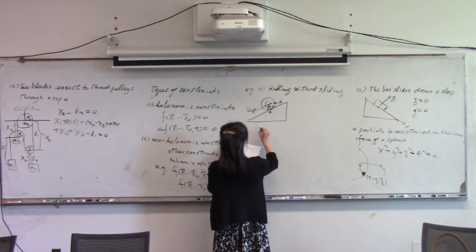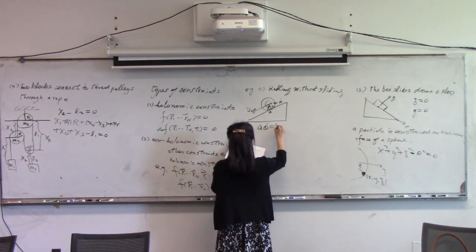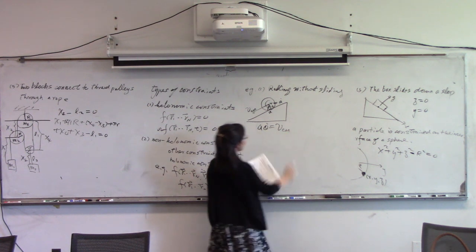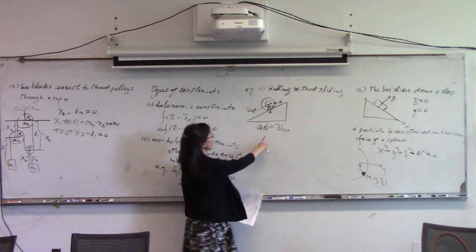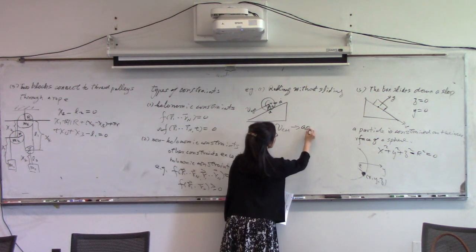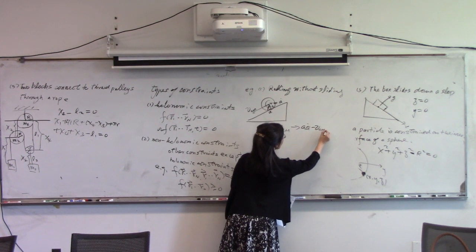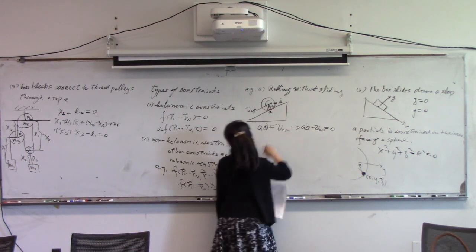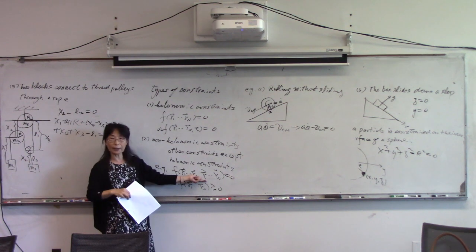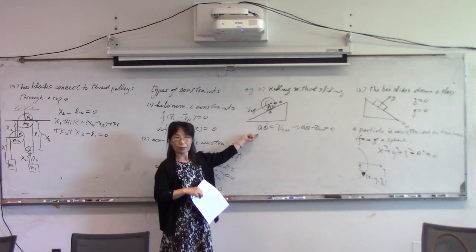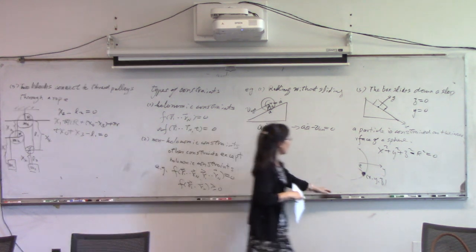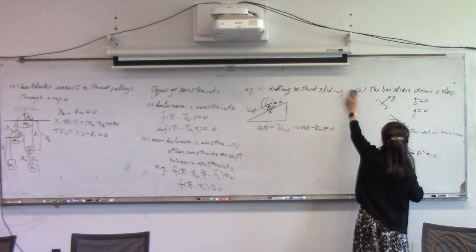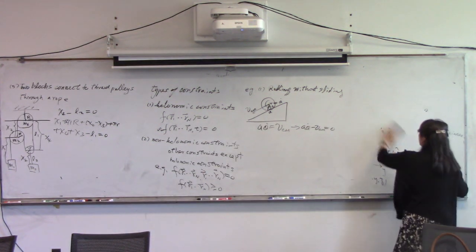So we have this. Now you can see this constraint is a function of velocity, not coordinates. So this must be a non-holonomic constraint.